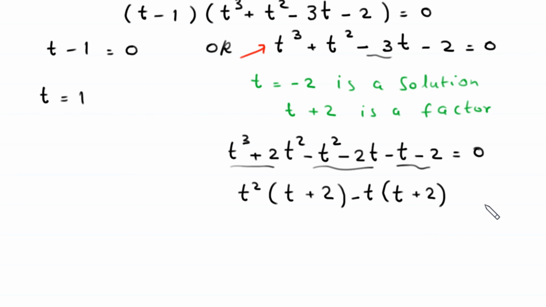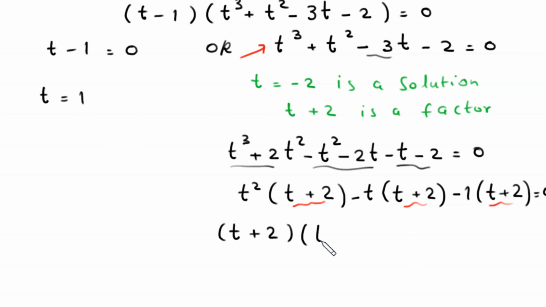From these two terms we can factor out negative 1, in bracket t plus 2, equal to 0, and this t plus 2 is a common factor, so we factor out this t plus 2, and in bracket t squared minus t minus 1 equal to 0.